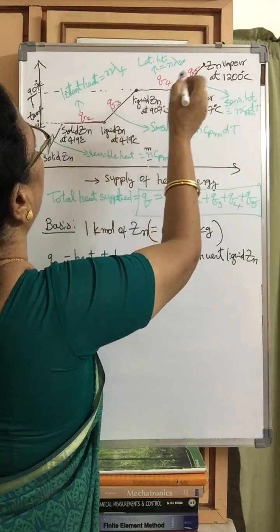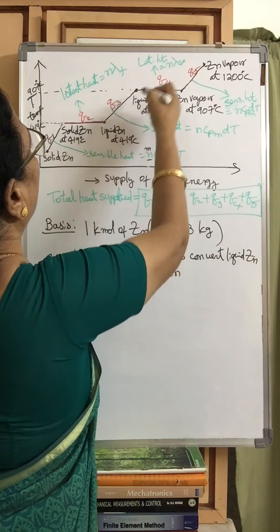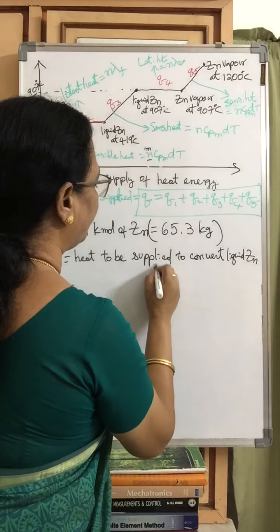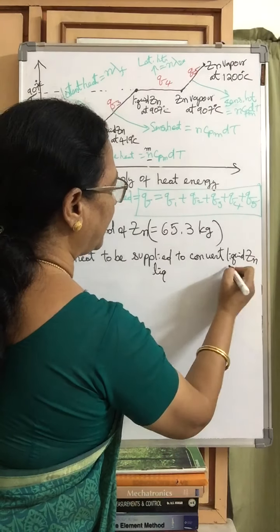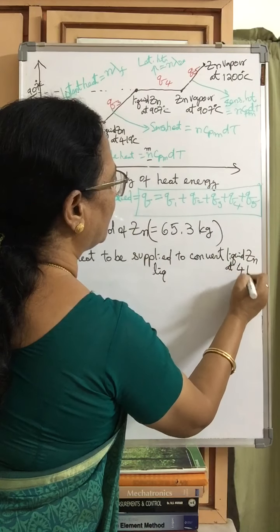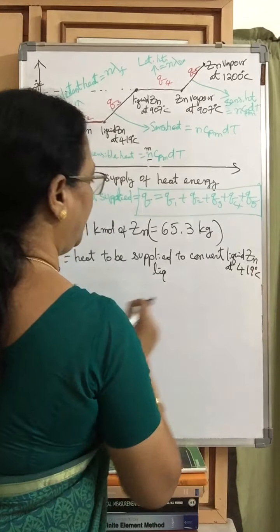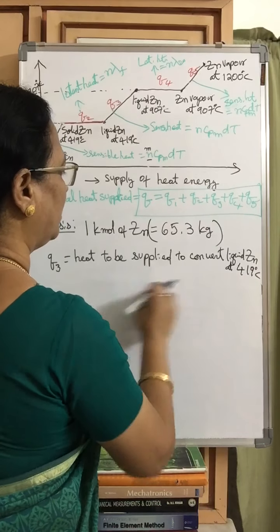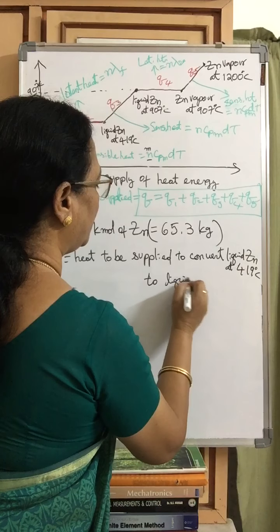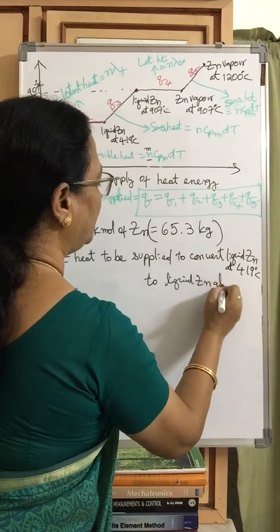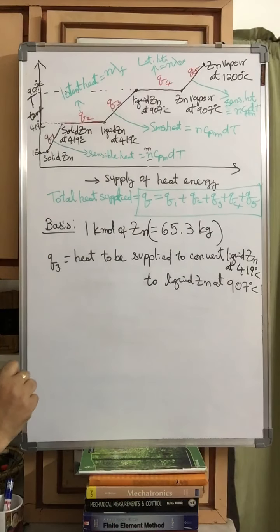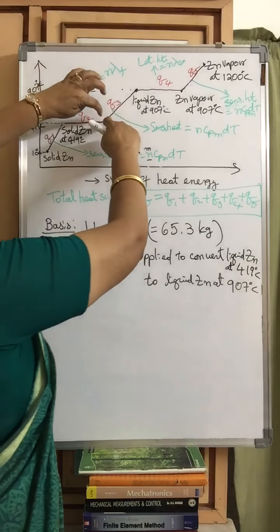Is this Q3 here? Liquid zinc at 419 degrees centigrade to liquid zinc at 907 degrees centigrade. Q3 is this part.